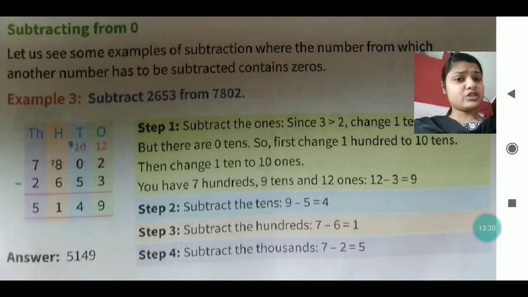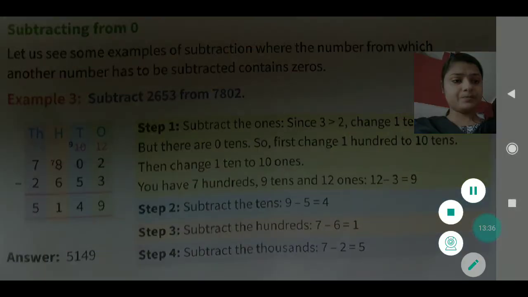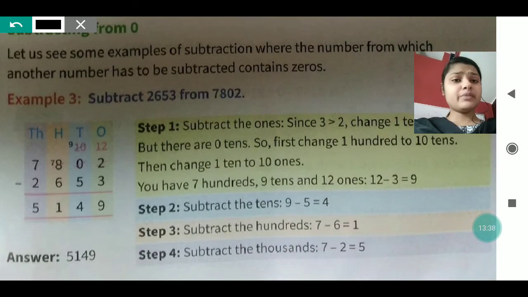Now you can see this question, my dear. Here we are going to discuss subtracting with 0. How will we do it? You can see the number is given: 2653 from 7802.